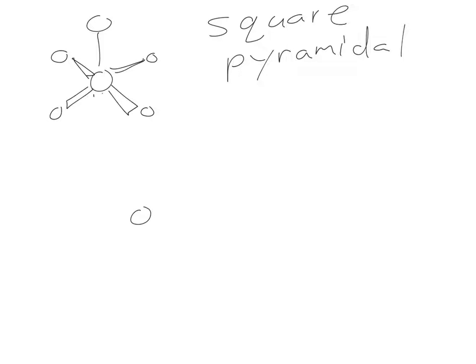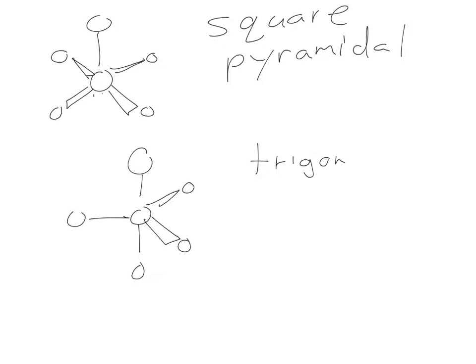It's got a wedge on this side and a wedge on there, but a straight one on there, and an up and a down. This is a trigonal bipyramid, or bipyramidal. It's got a pyramid on top and a pyramid on bottom.